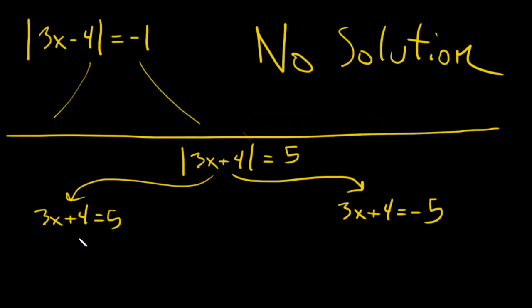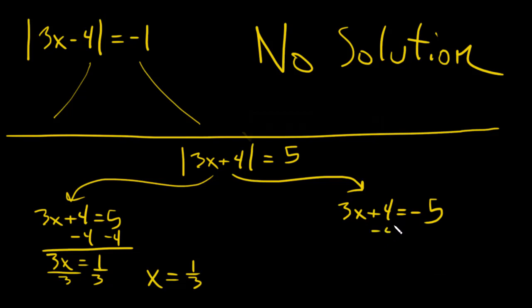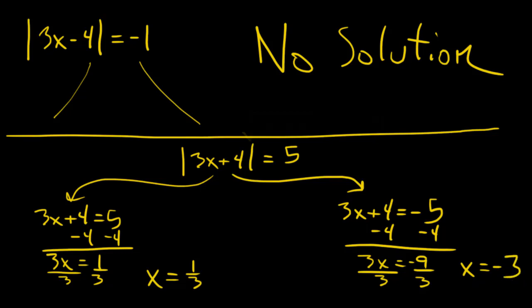Alrighty, so I'm going to subtract 4, wind up with 3x equals 1, divide by 3, x equals 1/3. Okay, over here, minus 4, 3x equals negative 9, divide by 3, x equals negative 3.